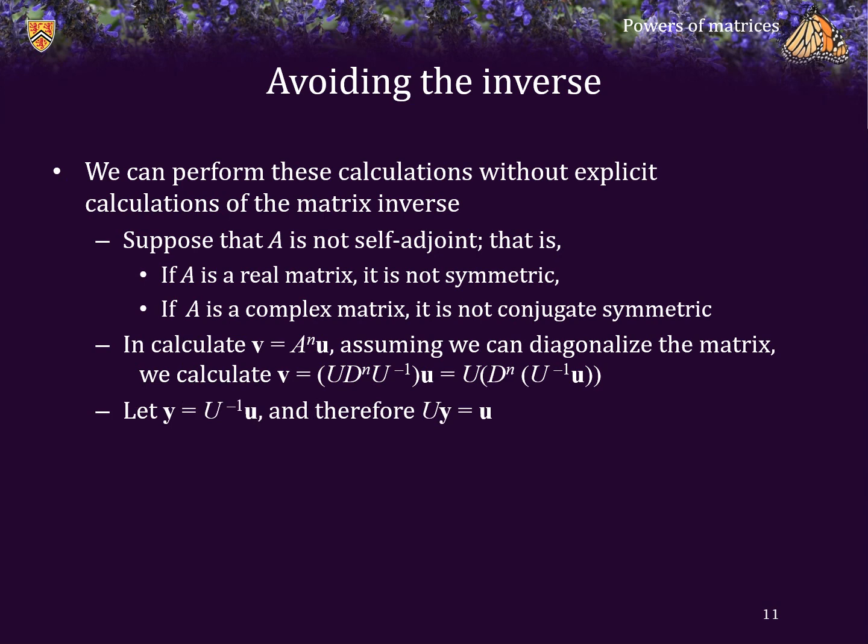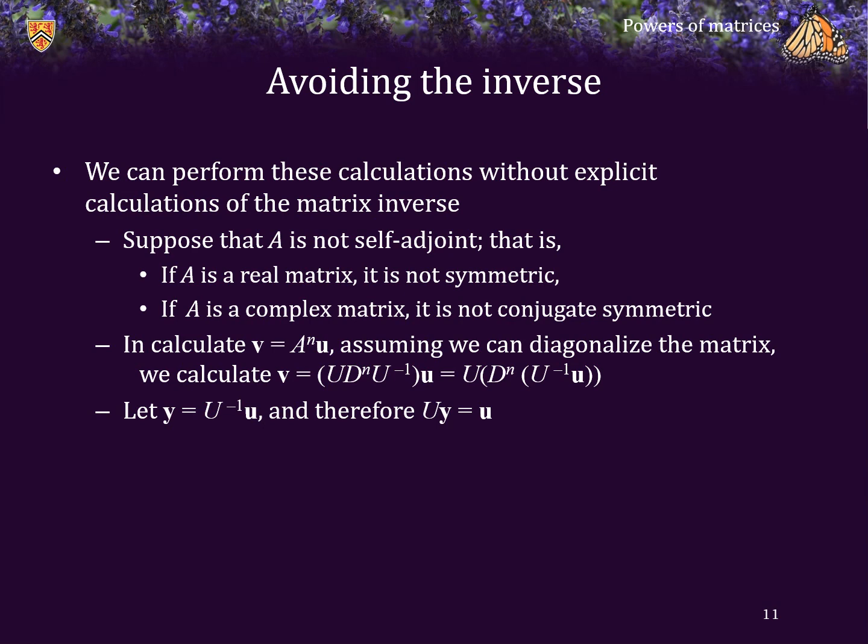Well, in this case, we don't want to explicitly calculate the inverse of the eigenvector matrix. So let y equal the inverse of the eigenvector matrix times the vector u. Well, if we multiply both sides by the eigenvector matrix, then we get that the eigenvector matrix U times y is equal to the target vector u, which we already know. y is the unknown.